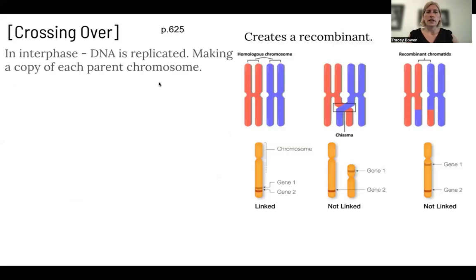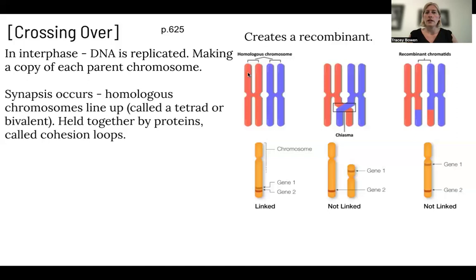So firstly, in interphase, DNA is replicated, and that means it makes a copy of each parent chromosome. And we've seen this in the other video, but these are homologous chromosomes. So they're both chromosome 1, one from mom, one from dad. And when they duplicate, they're going to make a copy of themselves. But this one, the blue one here, is an exact copy of the blue chromosome that came from, let's say, your dad.